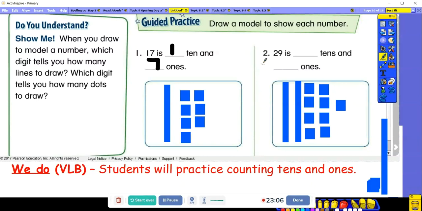And again, 29 is 2 tens and 1, 2, 3, 4, 5, 6, 7, 8, 9 ones. So 29 is 2 tens and 9 ones.